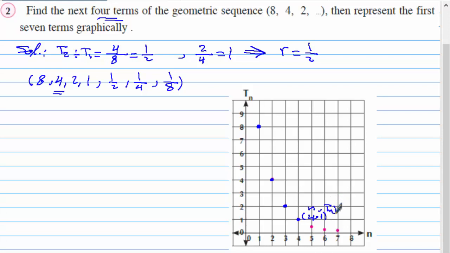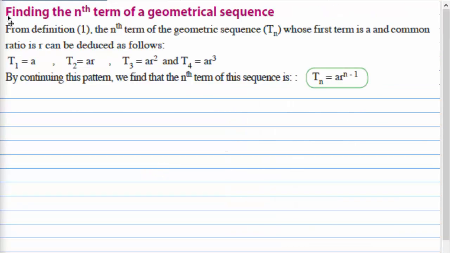Here is the relation between n and Tn. Then 5 and half, 6 and 1 over 4, 7 and 1 over 8. And this is the graphical representation of the geometric sequence.